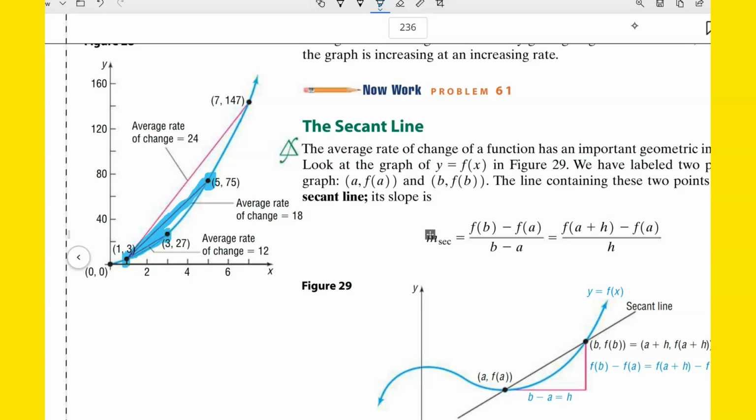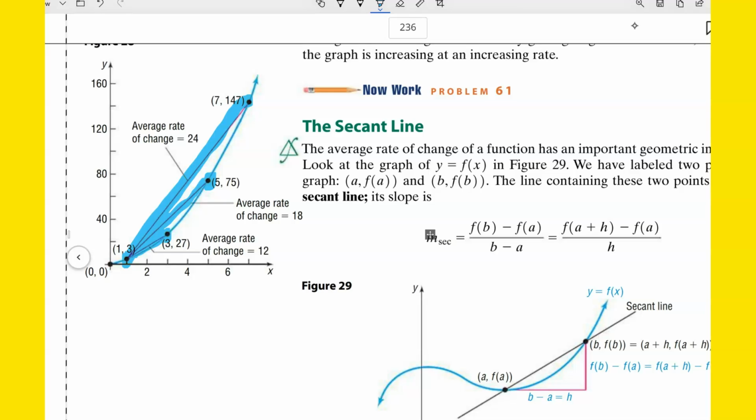And between 1, 3, and 7, 147 is the slope of this line, which is even steeper. So you can see for the curve, the average rate of change is going to depend on where you are on the curve. The farther along you get on this curve, the higher the rate of increase is going to be. So the average rate is going to increase the farther you go along the curve.